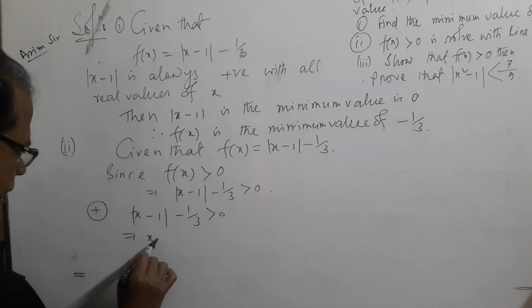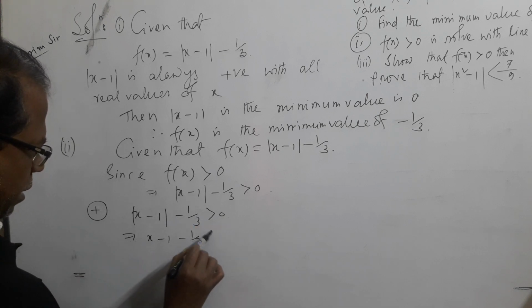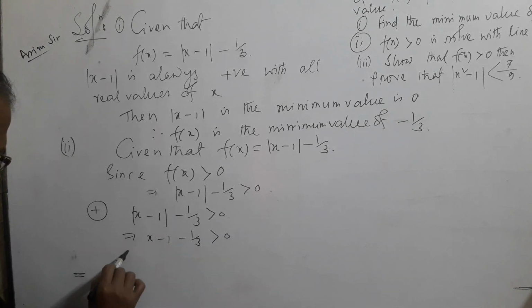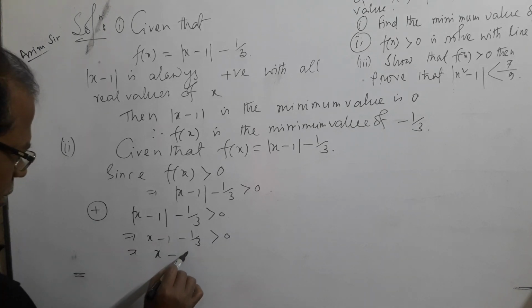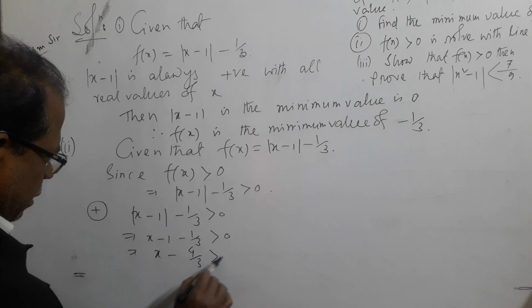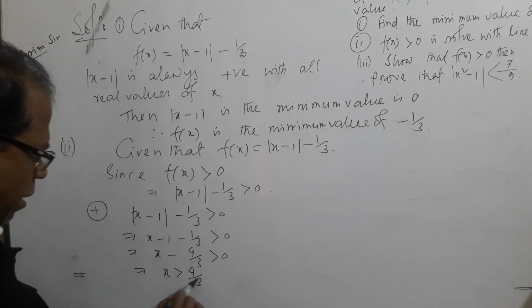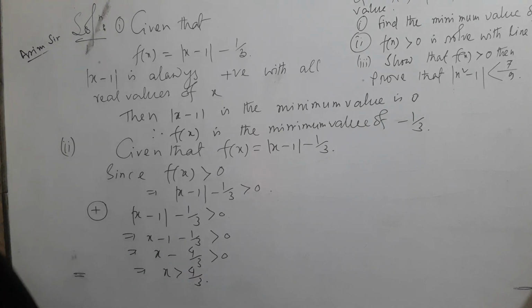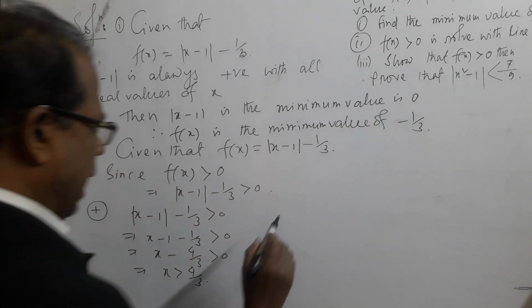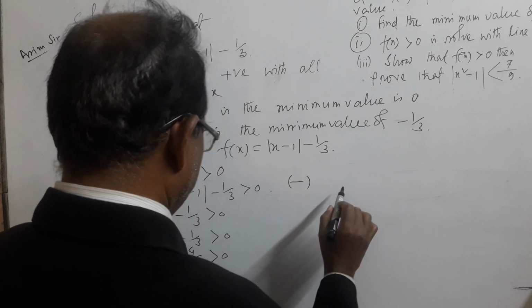That's why x minus 1 minus 1/3 is greater than 0. That implies x minus 4/3 is greater than 0. So that's why x is greater than 4 divided by 3, in the positive sense.